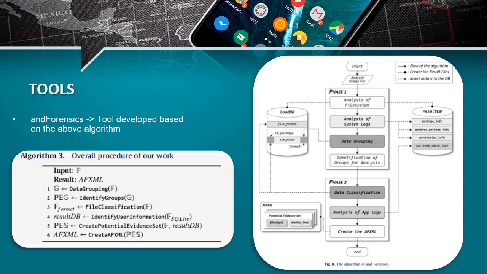After file classification, identify user information is done, and then we go to create potential evidence, and then at the end all the information is clearly seen in the AFXML format. So that's the main hierarchy. And on the right side, a clear algorithm is seen.